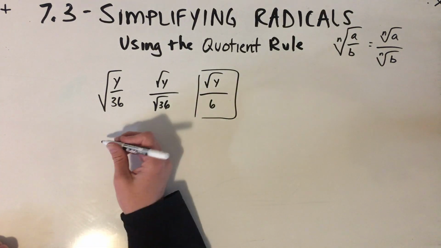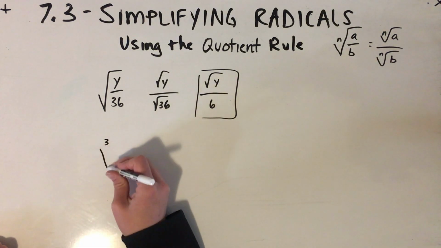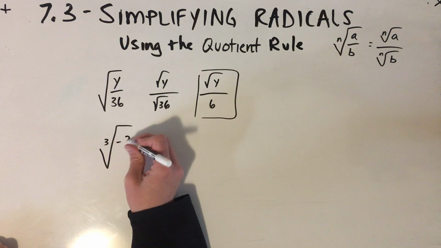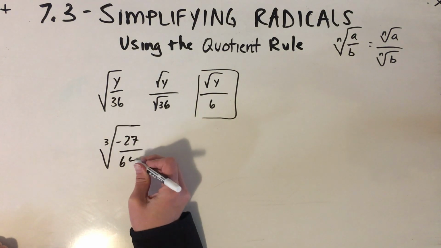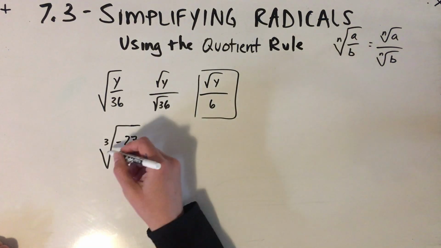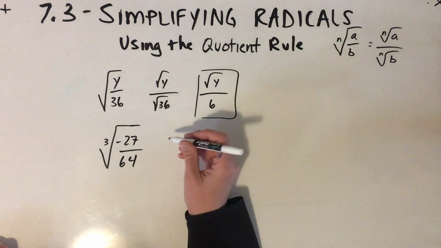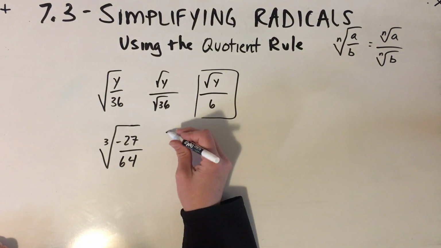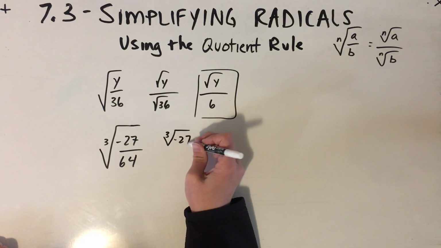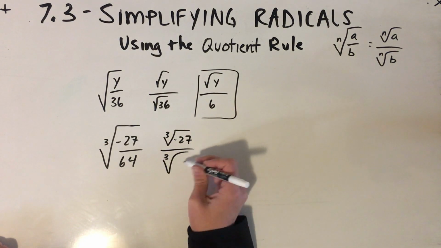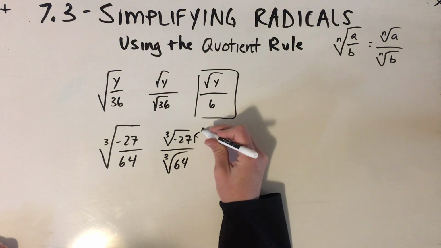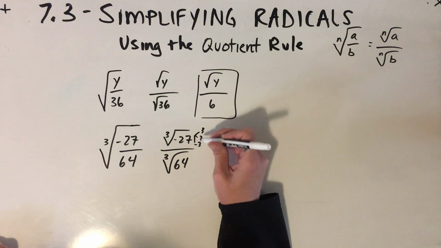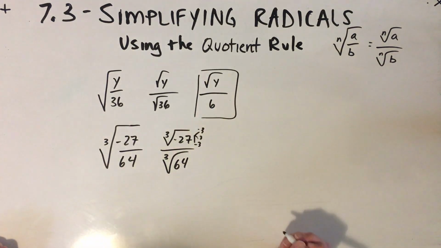Another example, a cubed root. So let's say it's negative 27 over 64. Well, the cubed root of negative 27 over the cubed root of 64. Cubed root of 27, if I divide these out, it's 3 times 3 times 3, and those are all negatives.